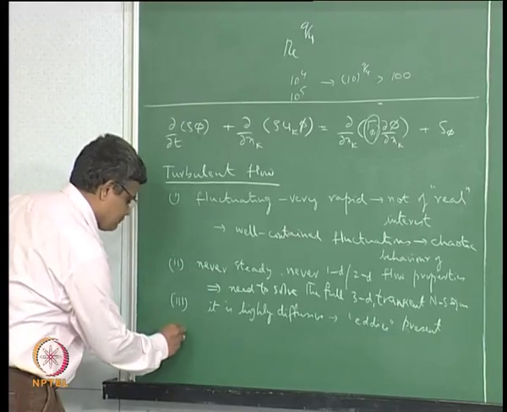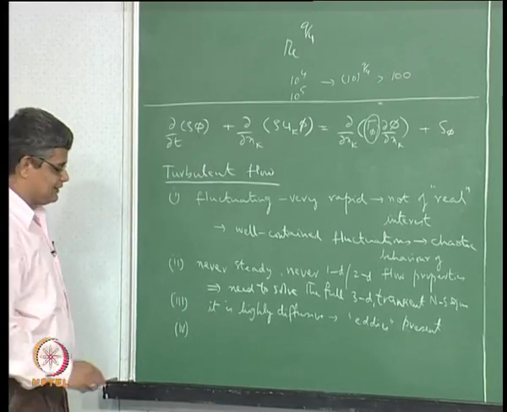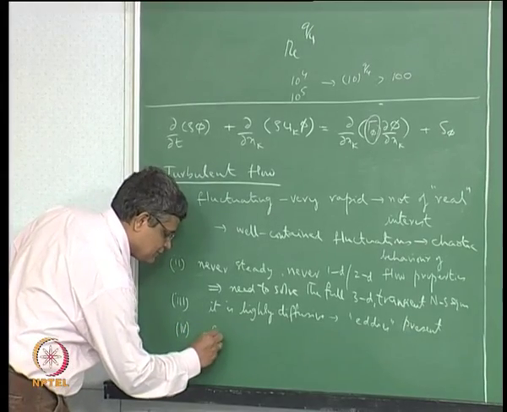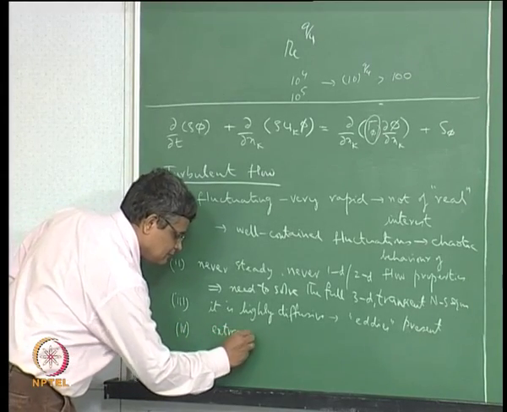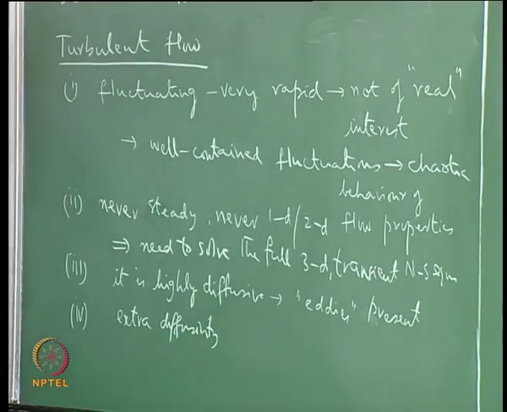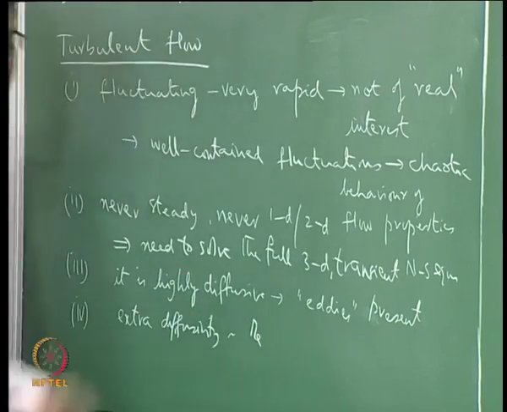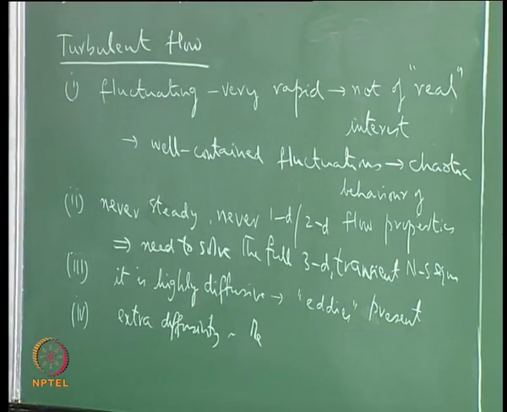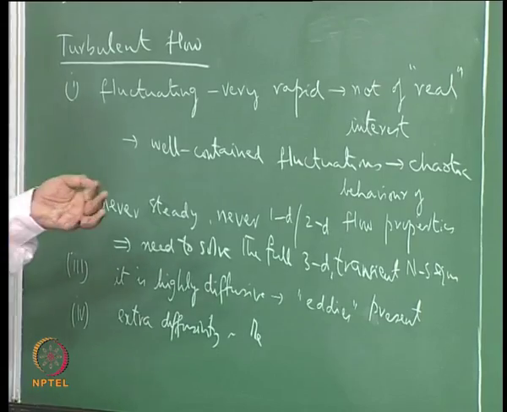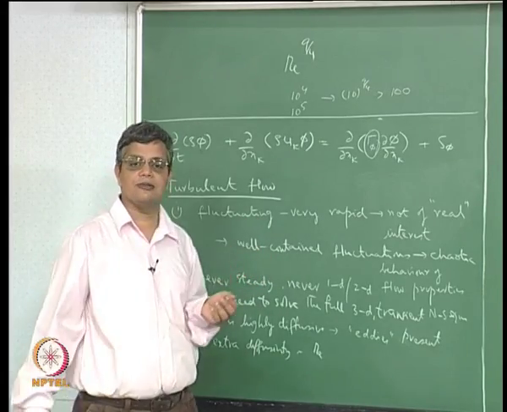And the final character that is of interest to us from this is that this additional diffusivity is a strong function, for example, of Reynolds number. In laminar flow we know that the Nusselt number or the heat transfer coefficient does not change with Reynolds number, but not in turbulent flow.